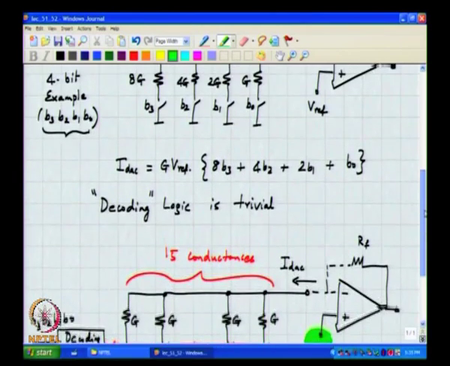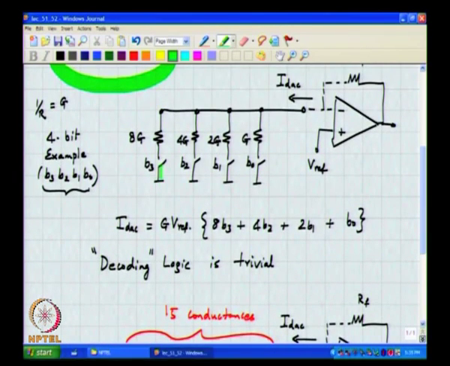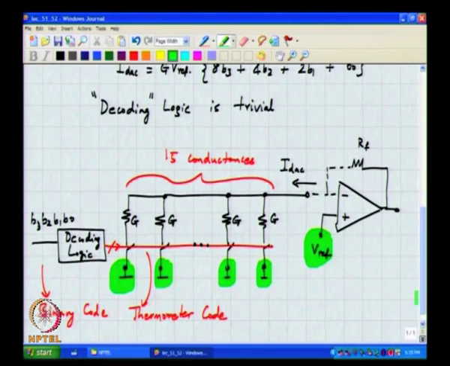So, there are two extremes. Here we have a case where the decoding logic is trivial, and here we have a case where the decoding logic is pretty complex. So, to take n bits and generate 2 to the n minus 1 control lines, the logic must be pretty complicated, right, at least when compared to the previous case.